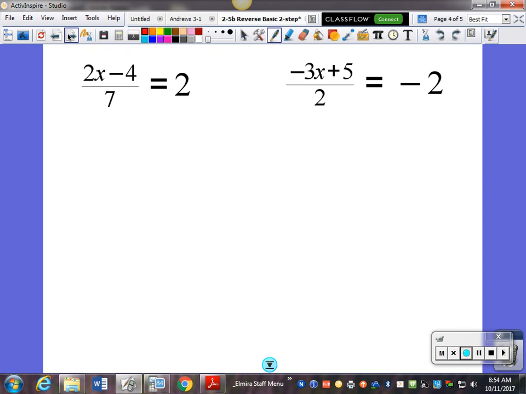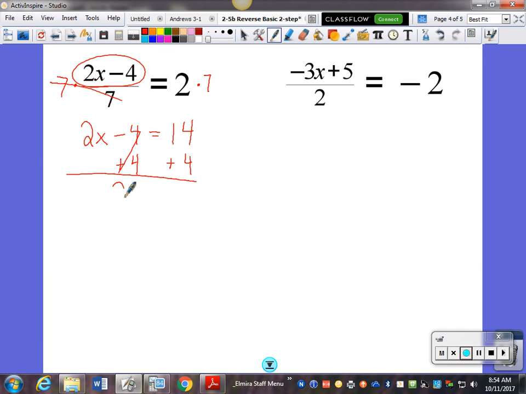Sometimes you could have a two-step equation on top. You still start the same way, multiplying both sides by 7. But here again, once you've done that part, what's left is just a basic two-step. You're bringing 2x minus 4 down, adding 4 to both sides, and then dividing by 2.